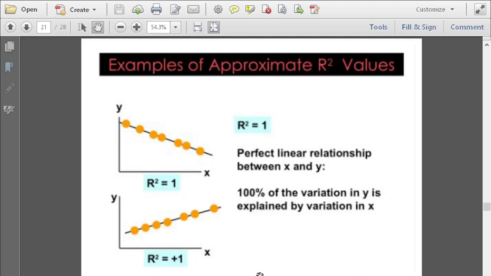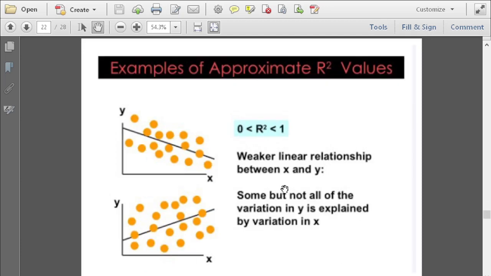So some go downward, some go upward. A perfect linear relationship between x and y means 100% of the variation in y is explained by the variation in x. That is given that all the dots follow the line. So 100% of the variation in y is explained by the variation in x, given that all the dots are on the line. On the other hand, if R squared is between 0 and 1, we have a weaker linear relationship between x and y.